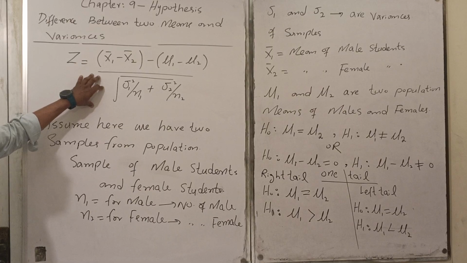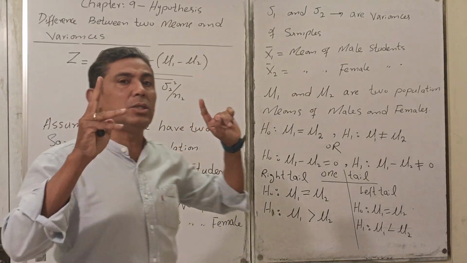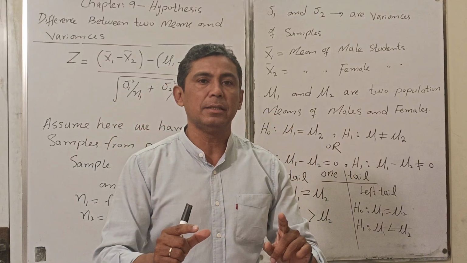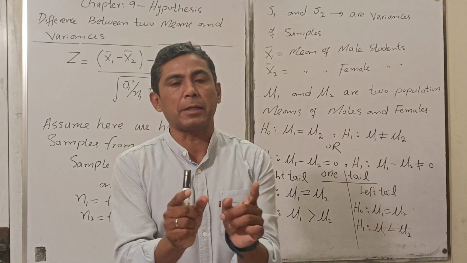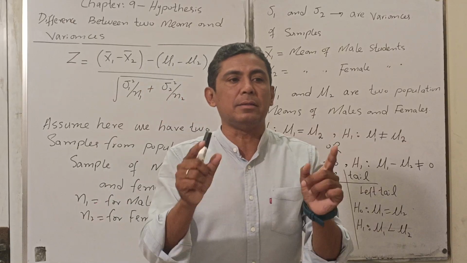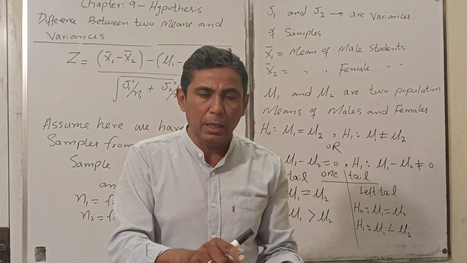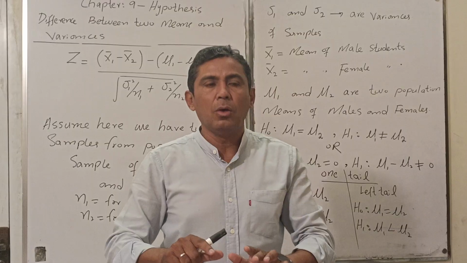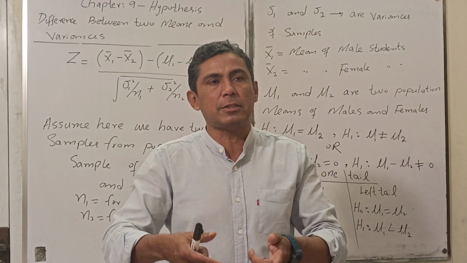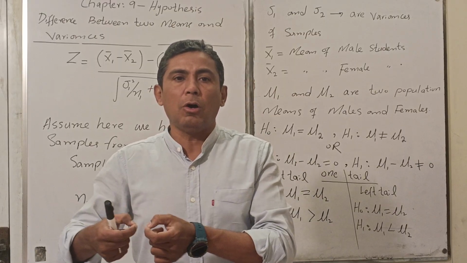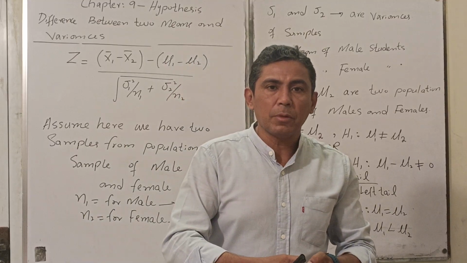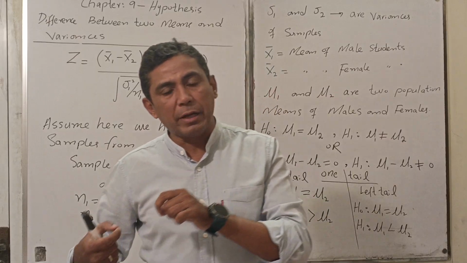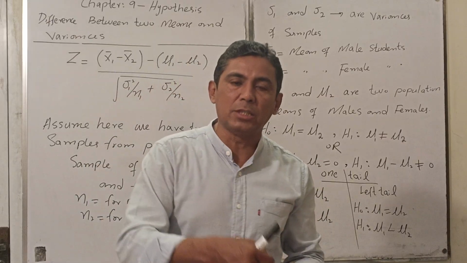You got my point? When the two variances and two means are given, we have categorized the sample with respect to two categories, either male or female or something else, for example adults and young, or number of students or non-students, graduates or non-graduates.